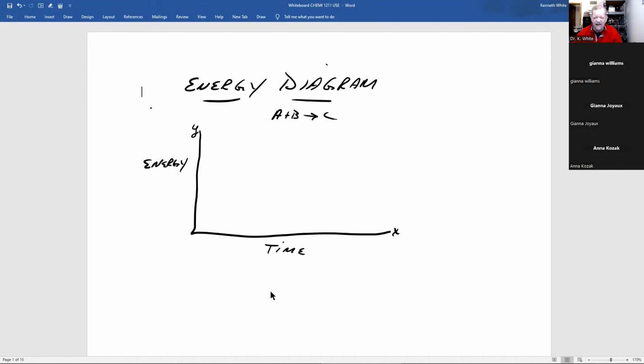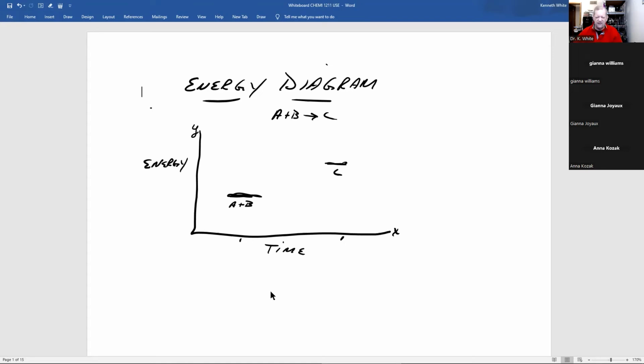And if we look at A and B, let's assume it has an energy like here. A and B together have this energy. Now let's assume for this example, when you make C, it has more energy than A and B. And this is C. So after starting here to get to here, it takes a certain amount of time.